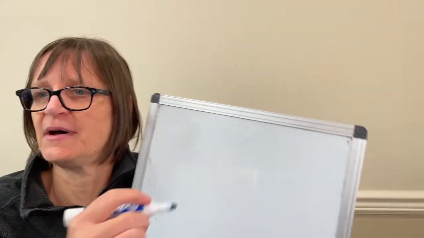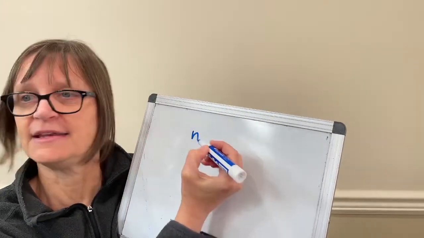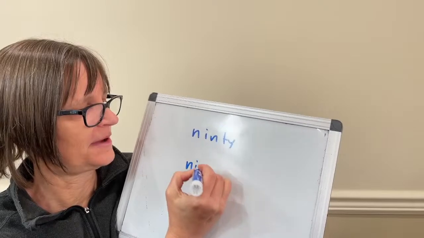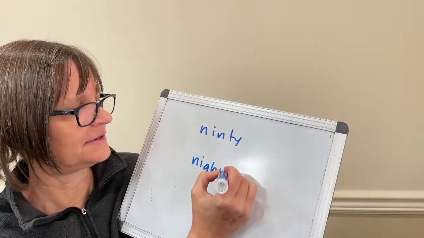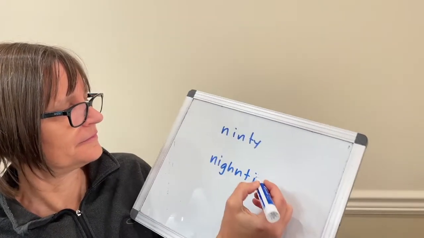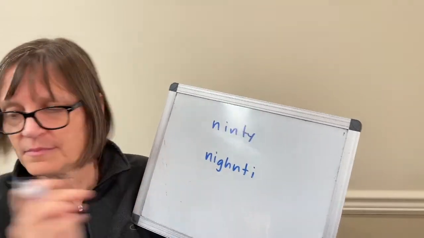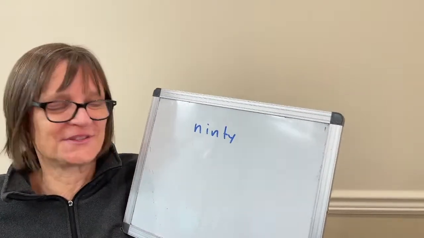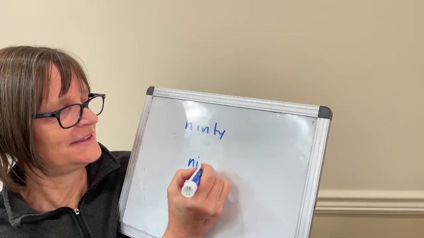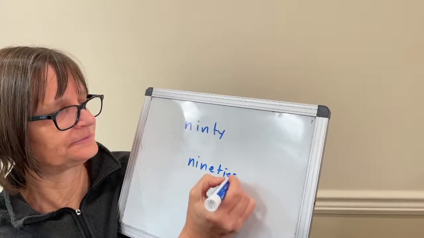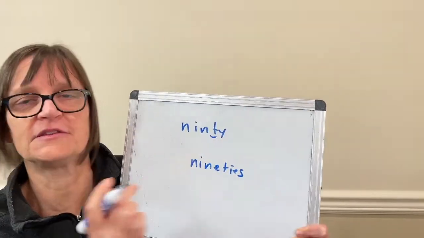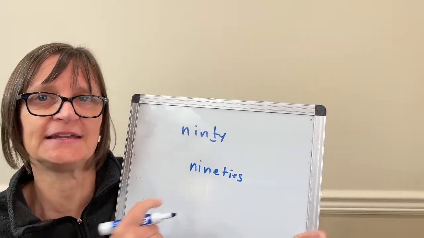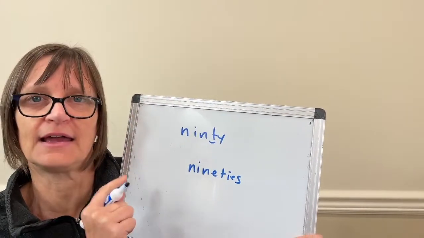Okay, question about 90 and 90s. So if I'm talking about the 90s, I was thinking about how I like to write the I vowel, so I was misspelling 90s. So in the 90s, again, this is sort of like 70, where we do a flap. So I don't do 90 and 90s, but 90 and 90s.